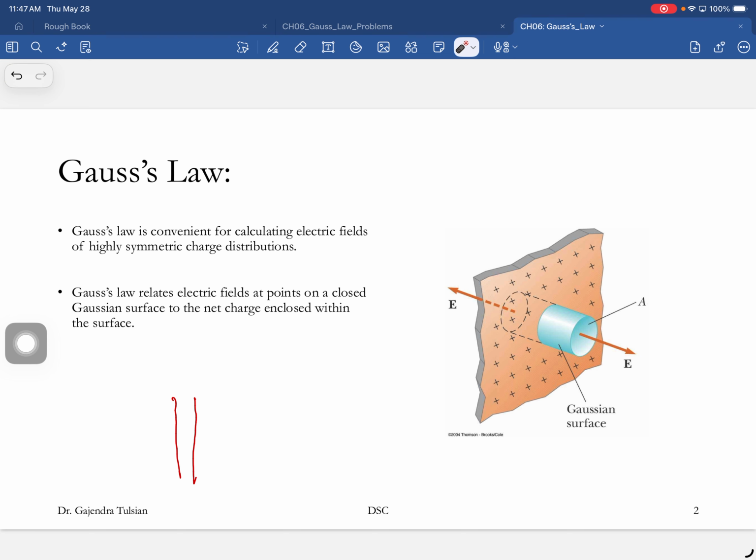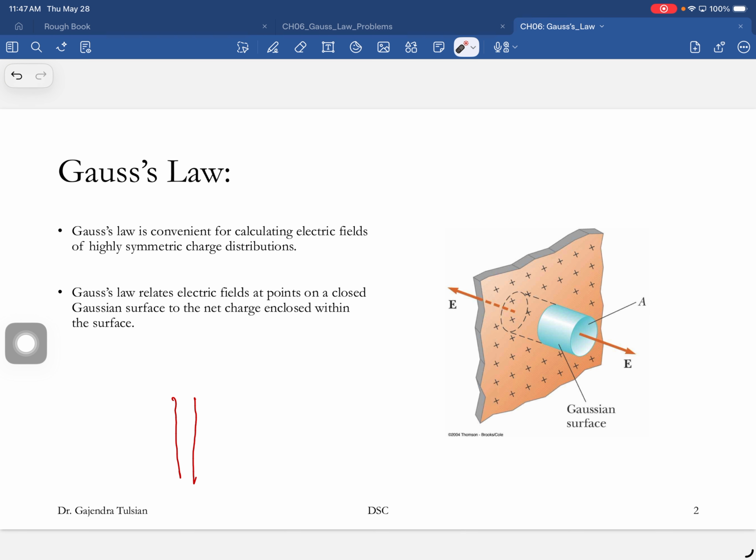So the flux is a surface integral. It's E dot dA over a closed surface. It's a two-dimensional integral. The area will involve two coordinates.